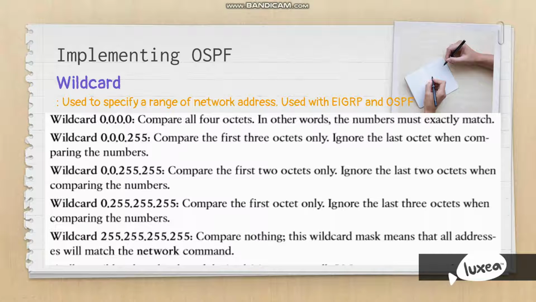Basically, a wildcard mask value of decimal 0 in an octet tells IOS to compare the numbers, and 255 tells IOS to ignore. I think this is really important information, so I think Sterling is going to ask you to memorize it or not, but I'll just memorize it. I think it's really important.